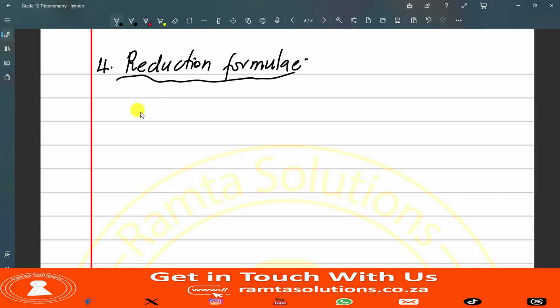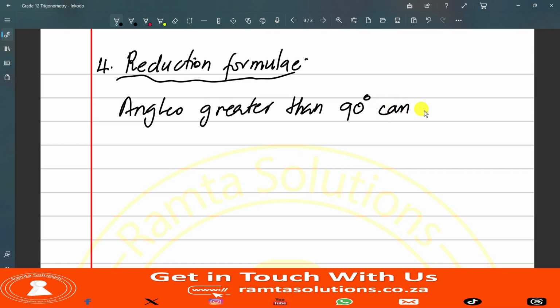So here we are saying angles greater than 90 degrees can be written as acute angles.